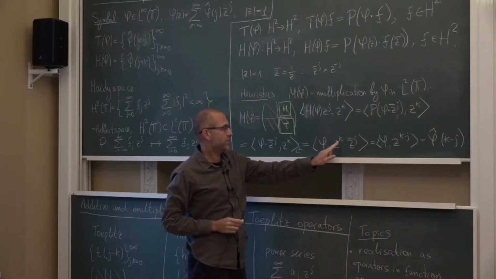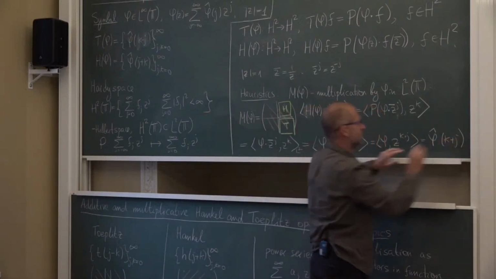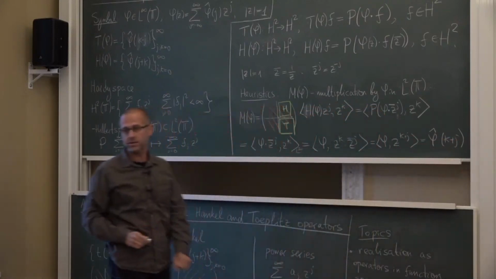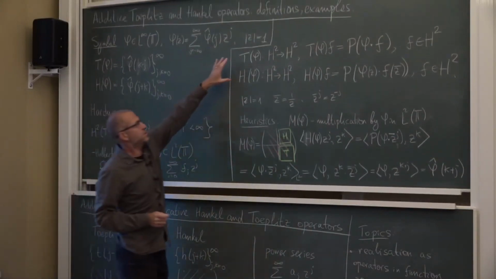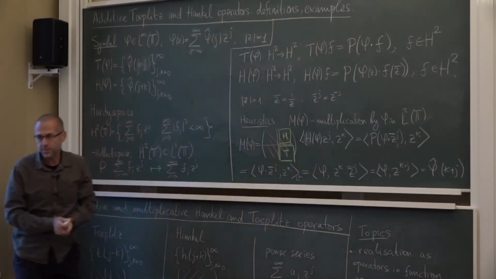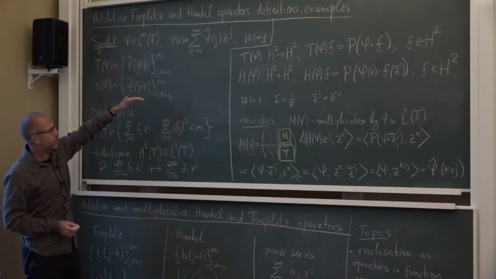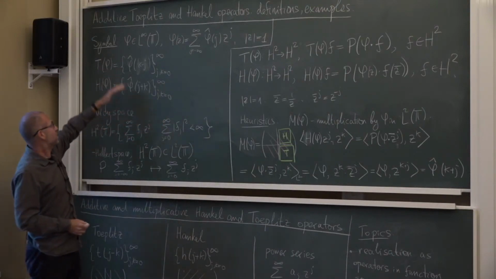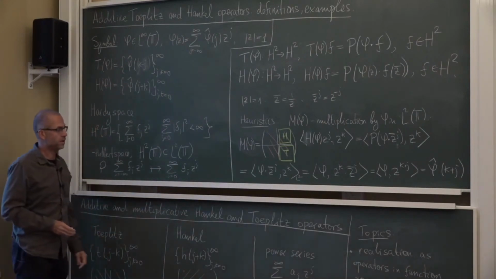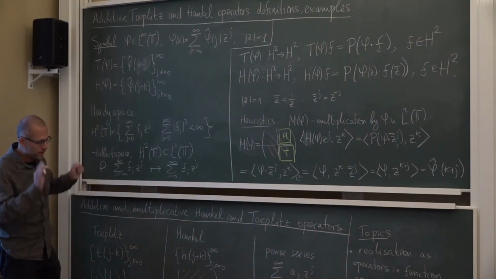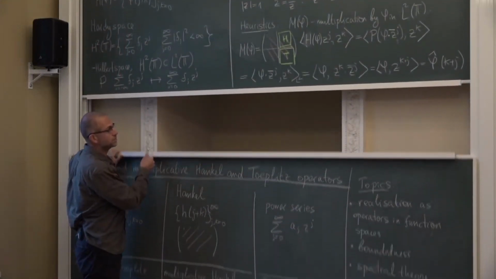And so instead of k minus j, here I get k plus j. So this is the calculation. And so we see that these two operators acting on the function space are operators whose infinite matrices in the canonical basis of the Hardy space are precisely those two elements.